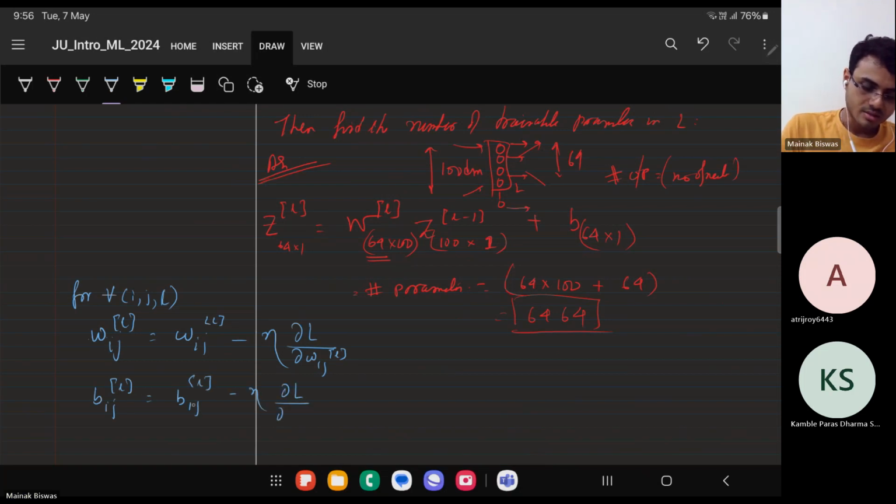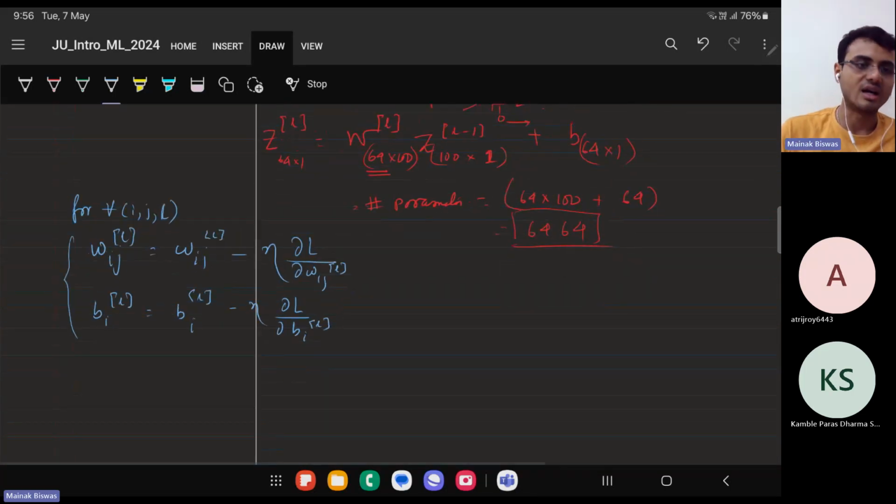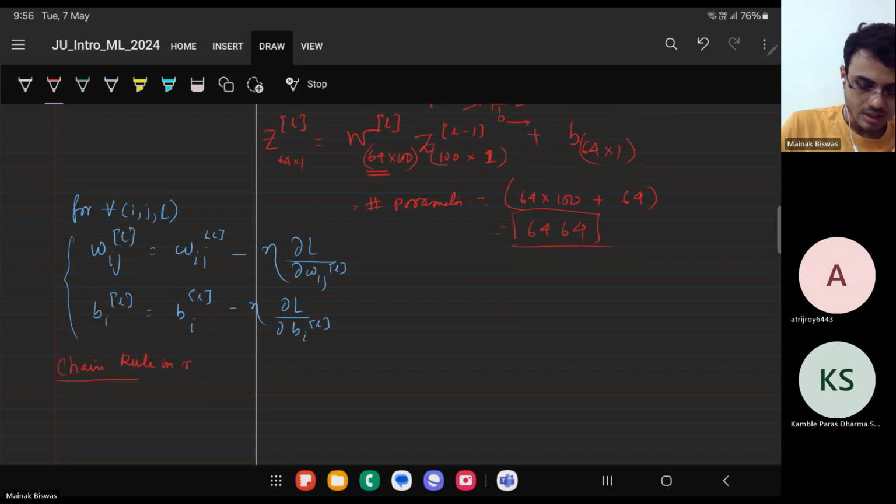So how will we do this? For understanding that, let us understand one idea, that is the chain rule in multivariate calculus.